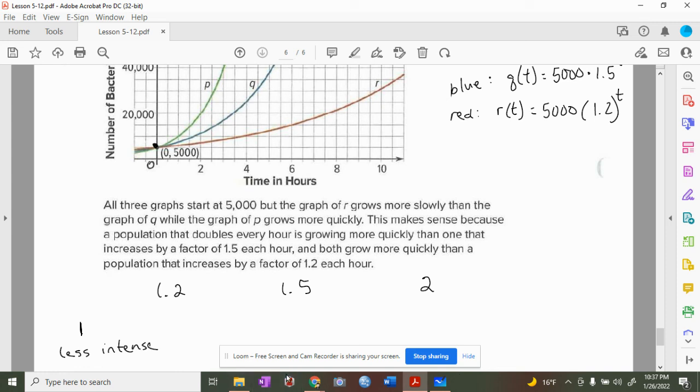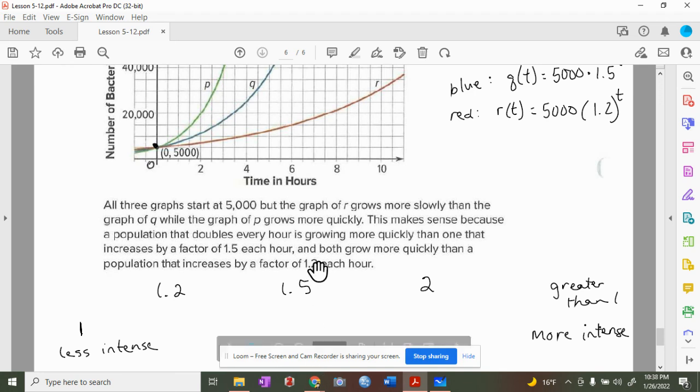The larger your number is, greater than 1, the more intense that growth. Well, for greater than 1, it's growth. So when we have a decay rate, it's the closer to 0 that is more intense. Okay.